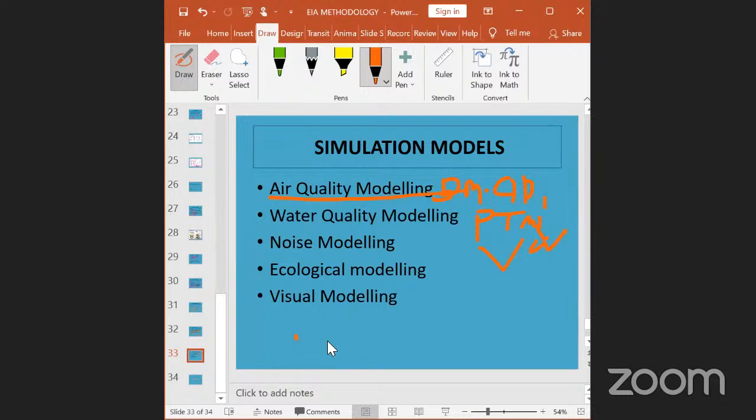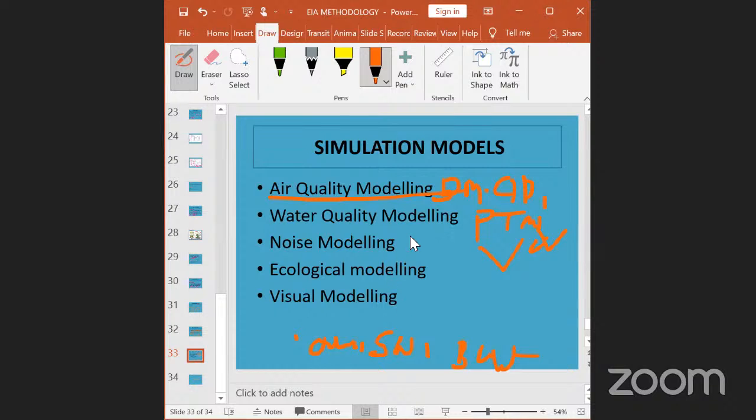And water quality models: the Qual model, the Stanford watershed model, and the Battelle reservoir model. So these three are the water quality models.